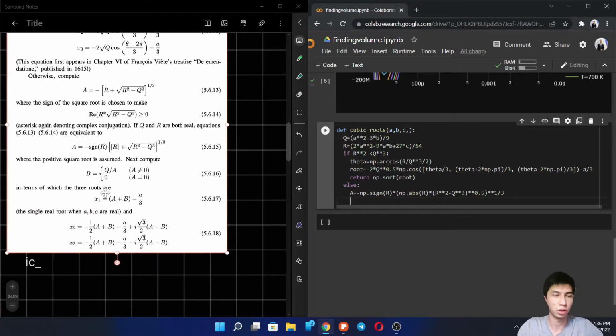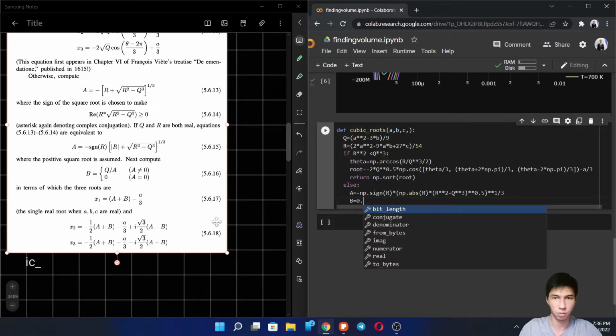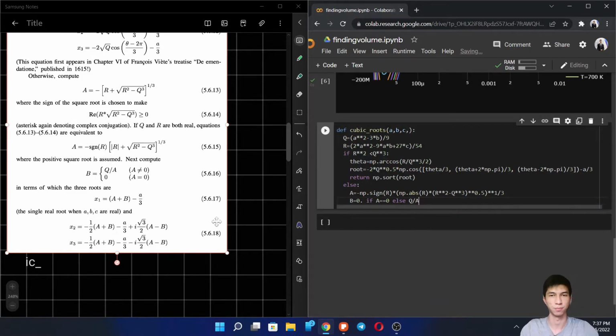And after calculating a, we're going to have to look at two possibilities for our b. So we're going to say b will be equal to 0 if a is equal to 0, and else it's going to be equal to q over a.